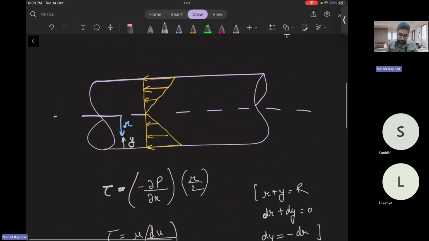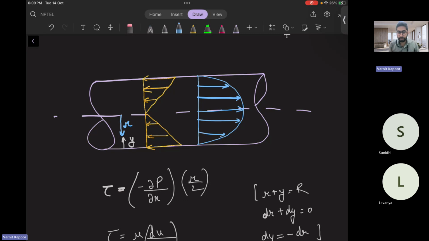If you make the velocity profile here, it will look parabolic. That's what I have been making in my previous tutorials: the relation will be parabolic when the flow is happening inside a pipe.